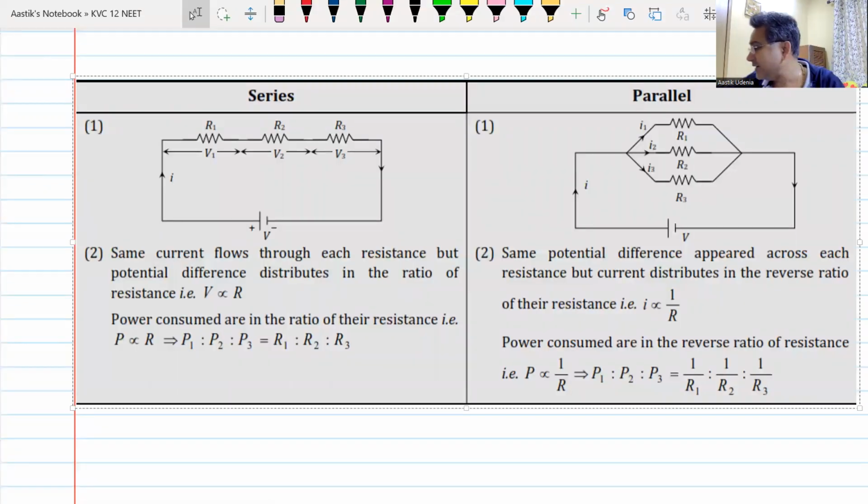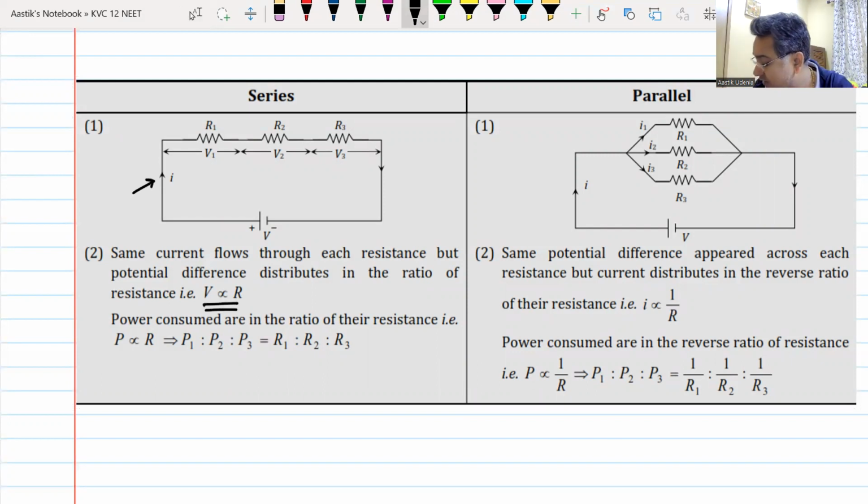On the left hand side you see the series combination, and on the right hand side the parallel combination. In series combination, current I is the same, and the voltages are different.